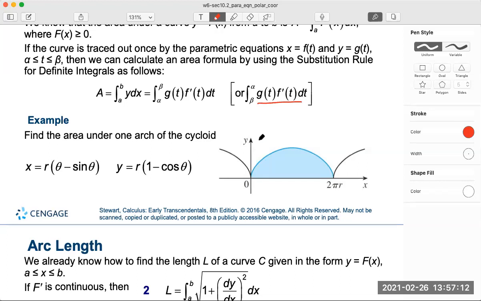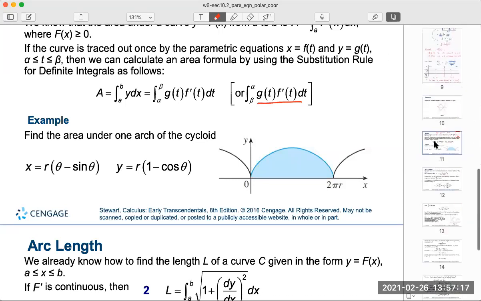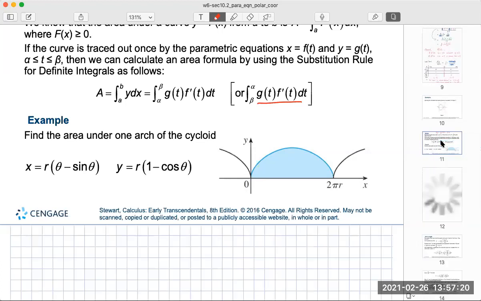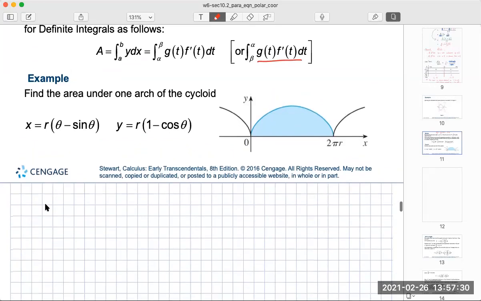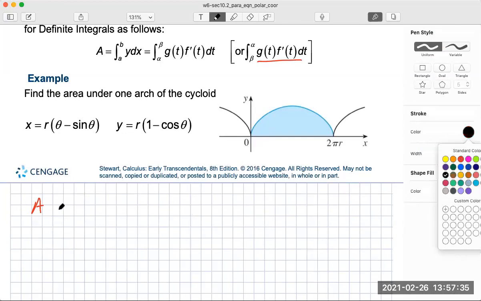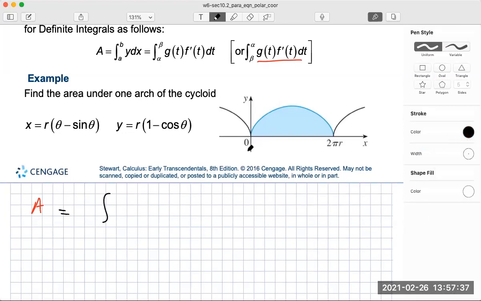Now, let us take a look at this example. We want to compute the area of this cycloid here. According to this formula, A will be computed as the integral from, we know that this cycloid will take the value from theta equal to 0 to this point, right?